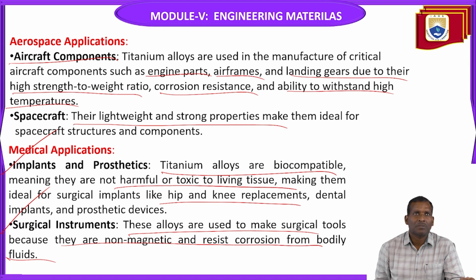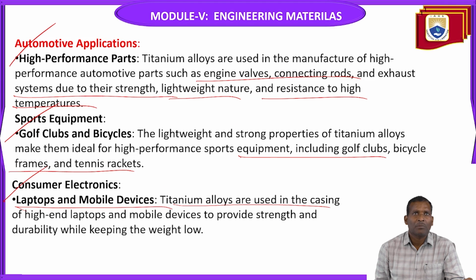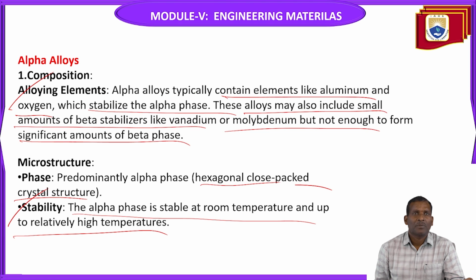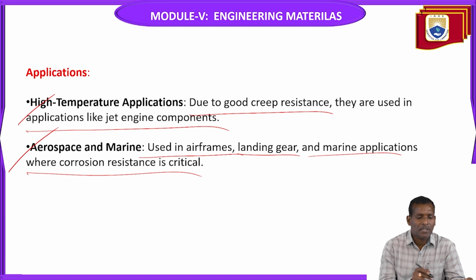Various applications we have studied: aerospace applications, medical applications, industrial applications, marine applications, automotive applications, and jewelry application. Similarly, the next alloy is alpha alloy: composition and structure, properties, applications.